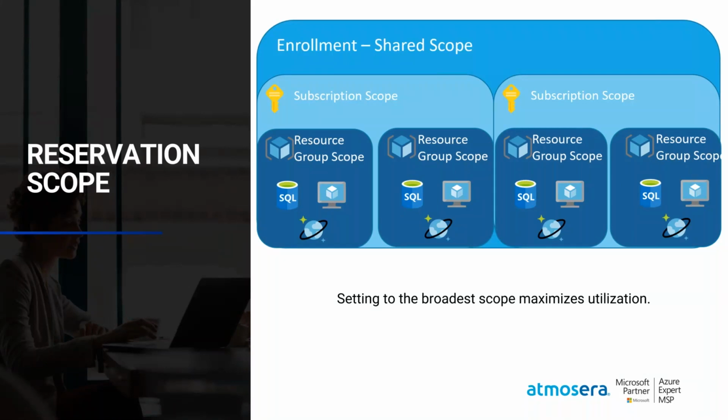So maybe you have an application that stamps out a new set of resources for each client. Well, if the client in the left resource group purchases a reserved instance because they have a 3-year contract with you, and the one on the right has a 1-year contract, I don't want them to be able to benefit off of each other, and so I would assign it down there at the lowest level.